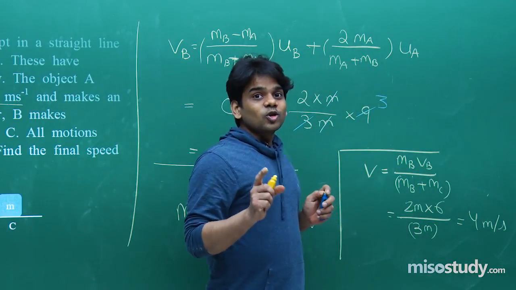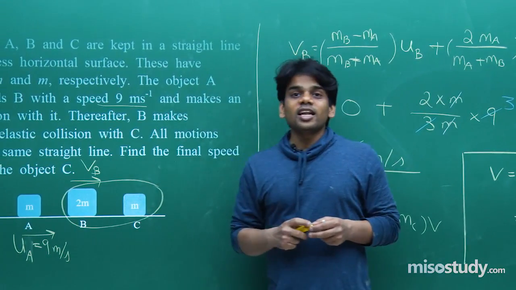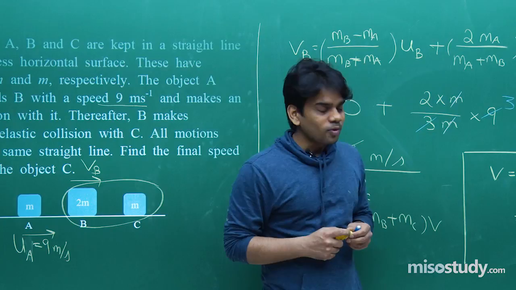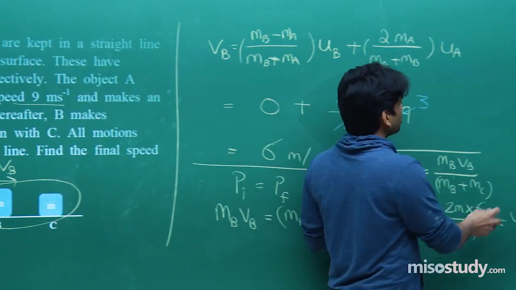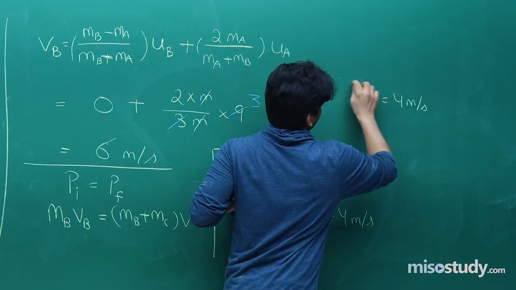This is the common velocity of B and C when they stick together, since in an inelastic collision they stick together. That is, the velocity of C is also 4 meters per second.